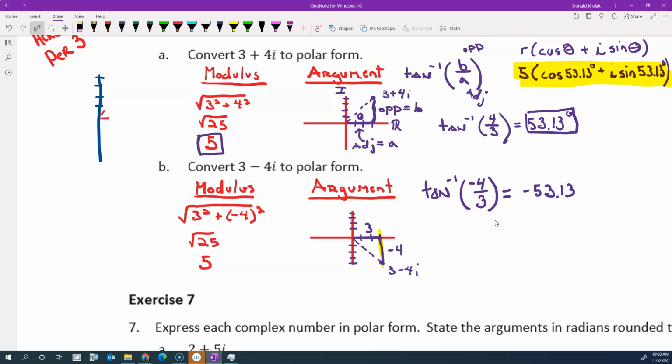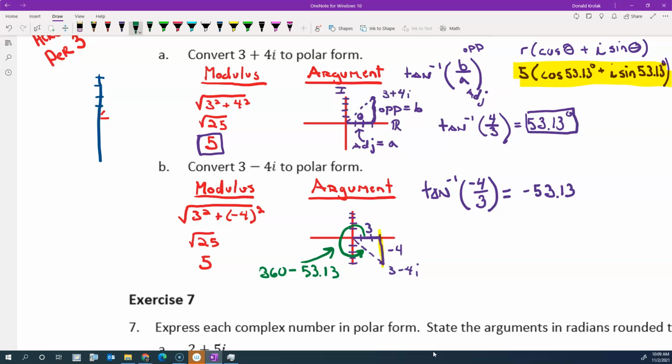All right, so the angle that I want starts here and goes this way. Right, so that's going to be 360, take away what we got, so 360 take away 53.13.